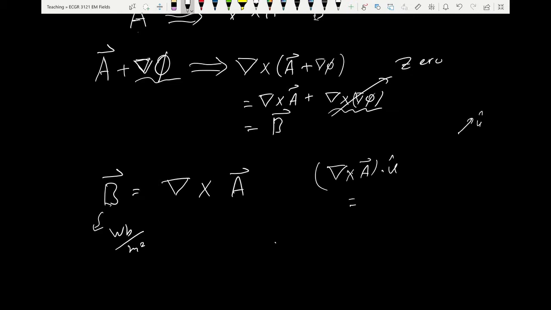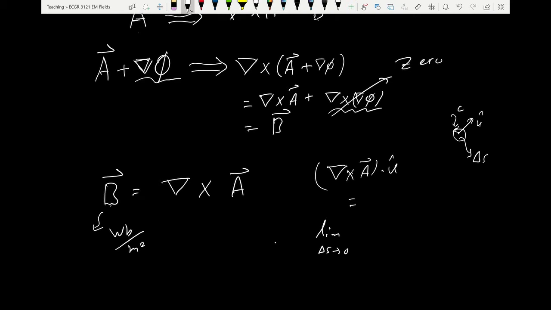The curl dot this unit vector is going to be the limit of the contour integral over a closed loop C, as delta S, which is the area inside this loop, goes to 0. That's the definition of the curl, right?